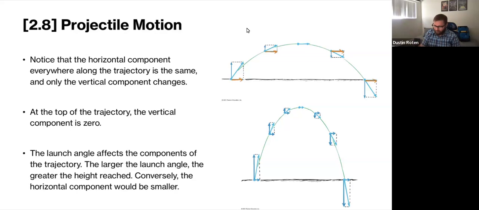Look at what happens here at the peak, though. This is interesting. So here at the peak, remember in the last lecture we said at the maximum height, the vertical velocity is 0.